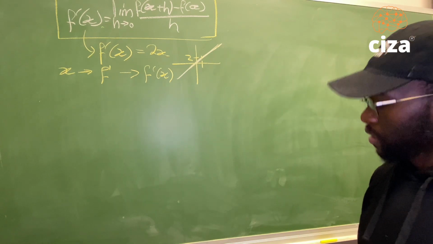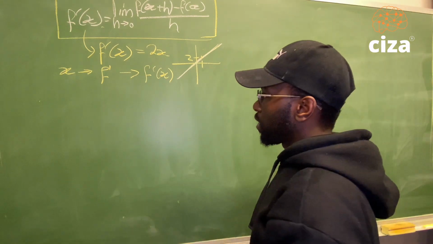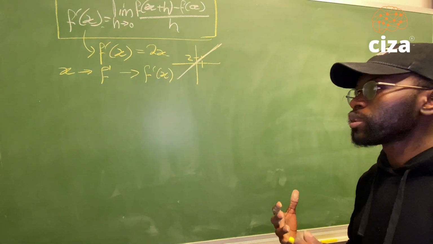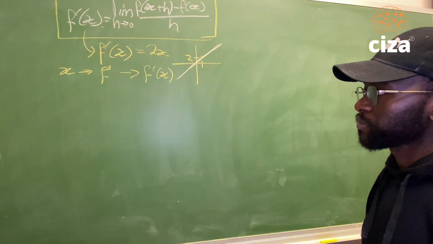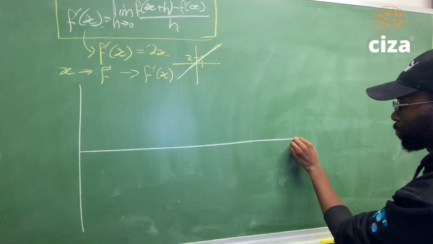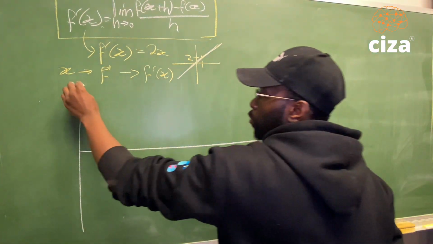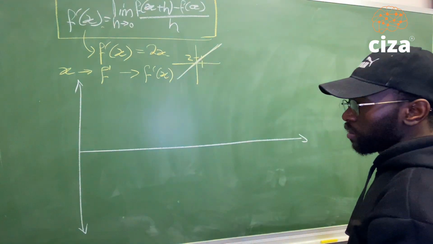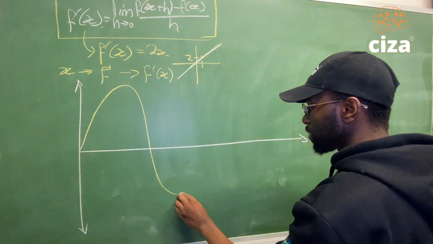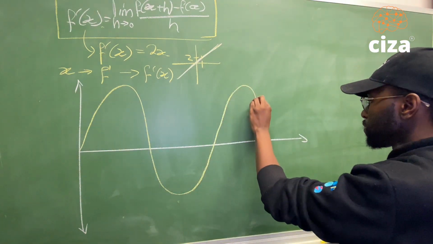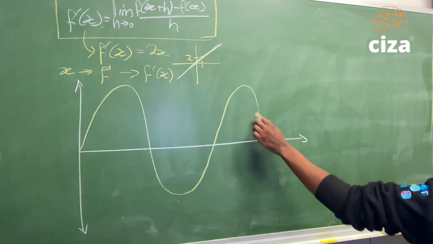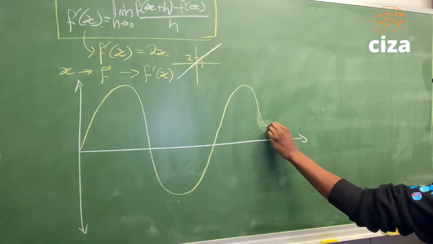Now, let's look at whether we can visualize the function of the derivative by using the original function. Let's say we have a curve. Let's draw this curve as, let's say it goes nicely like this, like this, like this.